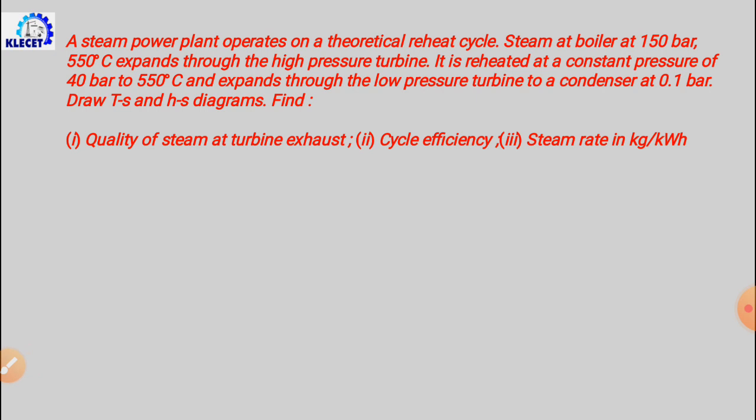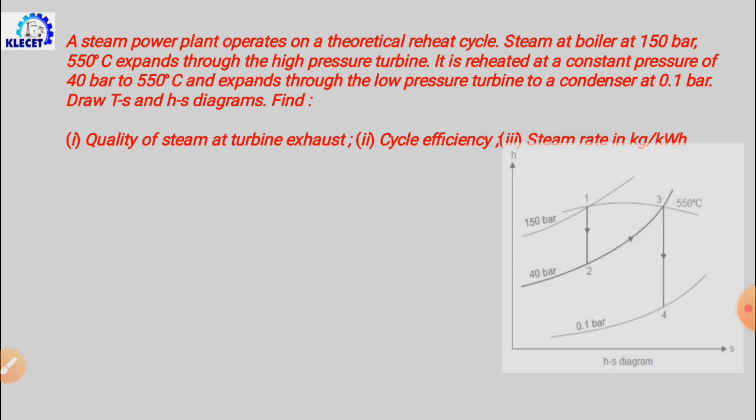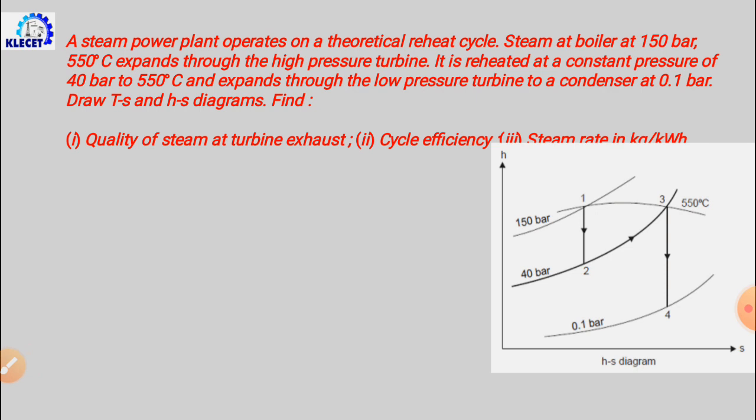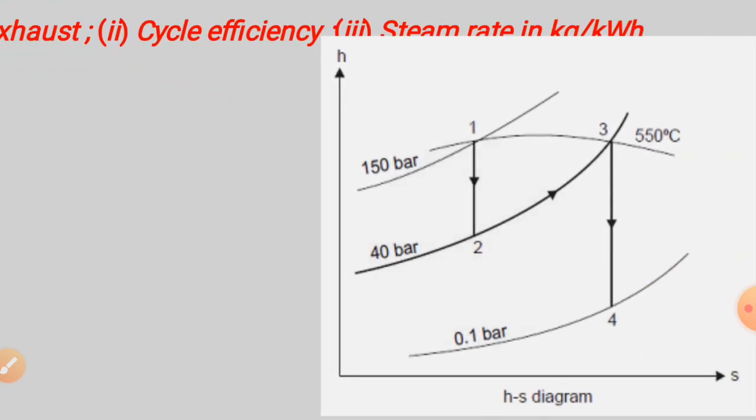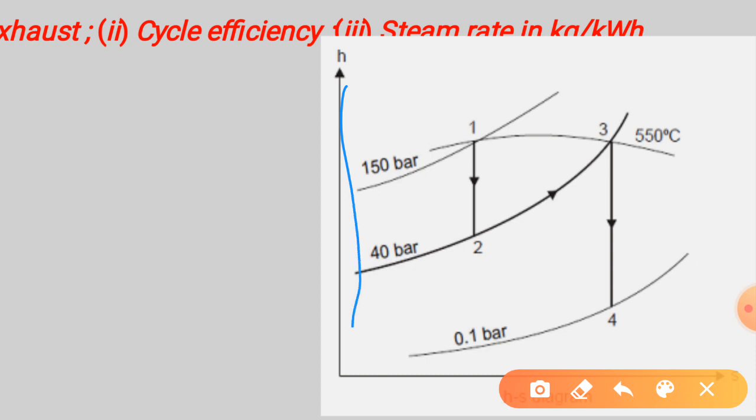As you know, the enthalpy entropy diagram for the present problem can be drawn in this way. Let me zoom this one and explain this diagram. This is the enthalpy and we have entropy on the x-axis.